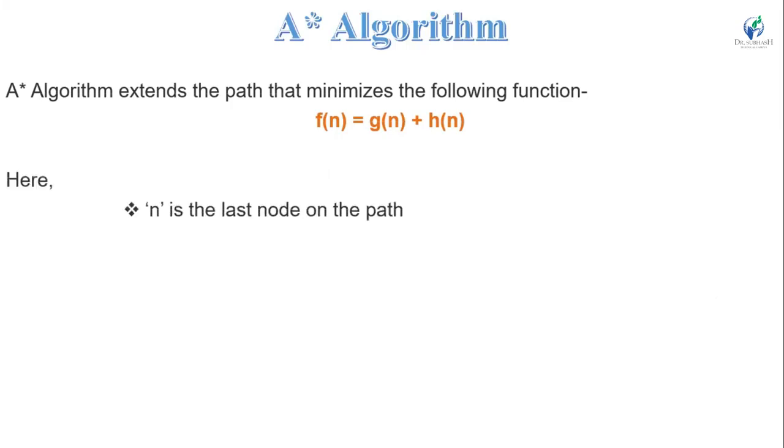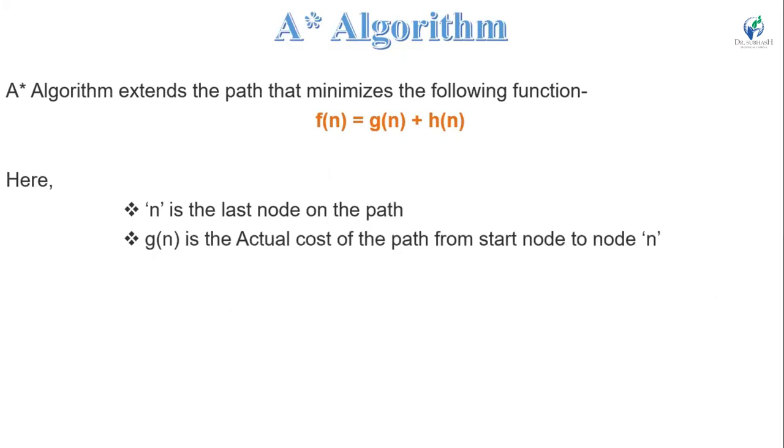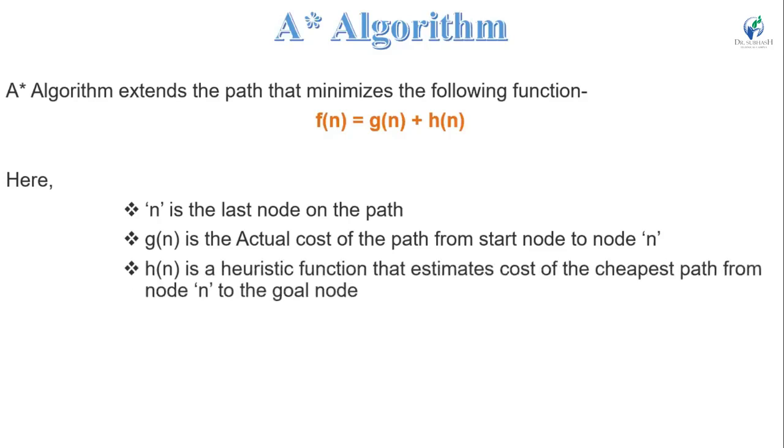Here n is the next node on the path, meaning a particular node which gives us a direction to reach the goal node. g(n) is the actual cost of the path from the start node to node n, meaning it gives the actual cost from the start node to the intermediate node that gives a direction to reach the goal node. h(n) is the heuristic function that estimates the cost of the cheapest path from node n to the goal node, meaning it gives the cheapest node cost which provides the path to reach the goal node.